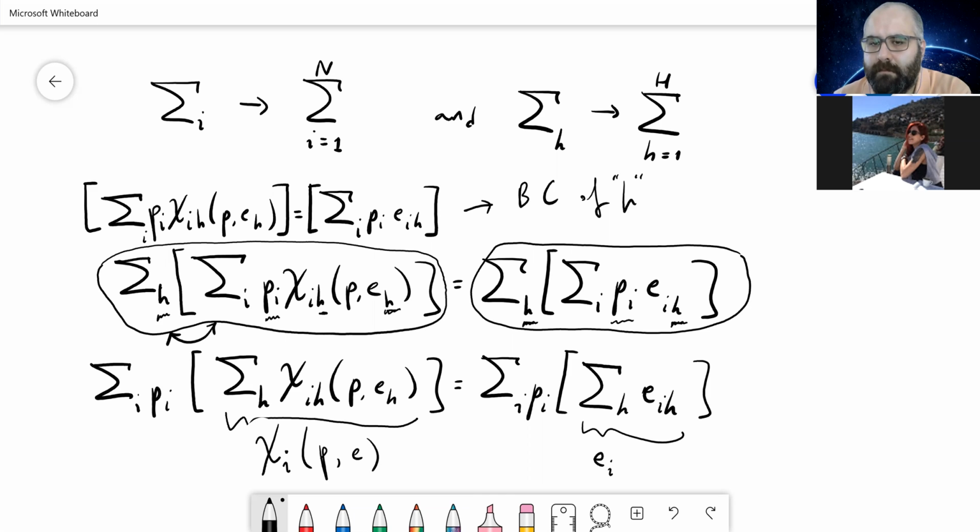Because this is demand for commodity i for each H. If I take the summation over H, I'm summing consumptions or demands by the households. So at the end, I find total demand for commodity i. Similarly, this is the supply of commodity i by household H. If I take the summation over households, I find the total supply, or total endowment, of commodity i.